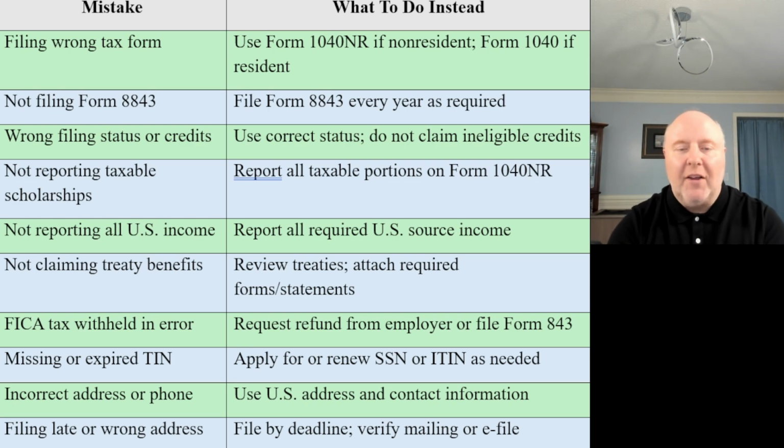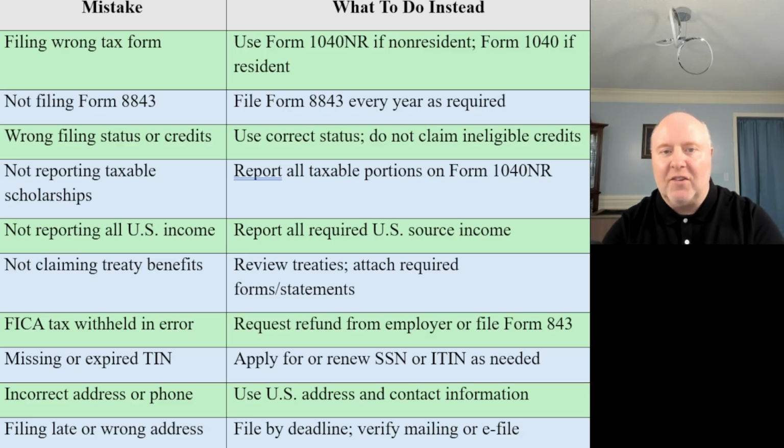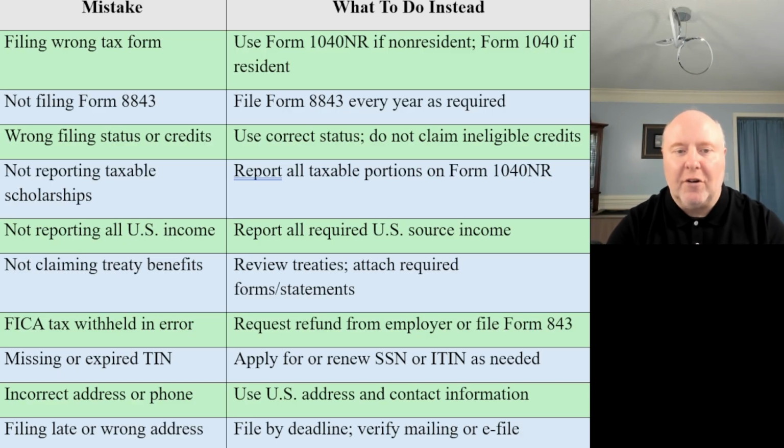Maybe the program allows them to take it, but if you're an international student, you're generally not going to be eligible for those types of credits or filing statuses, and that can throw off your taxes, and you can encounter issues with that. Now, in most of these situations, look, these are honest mistakes. They're common mistakes. So they do happen, but just be aware of that.